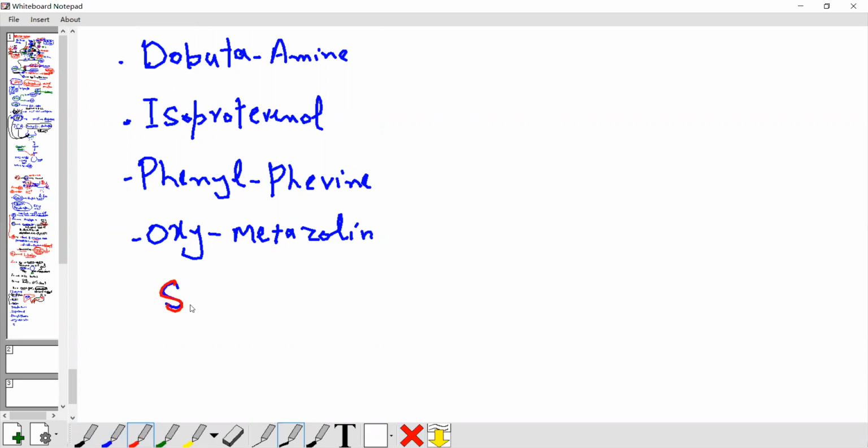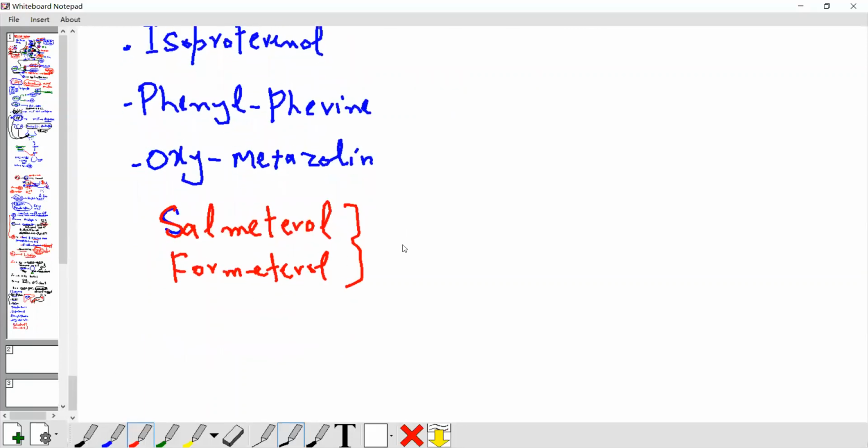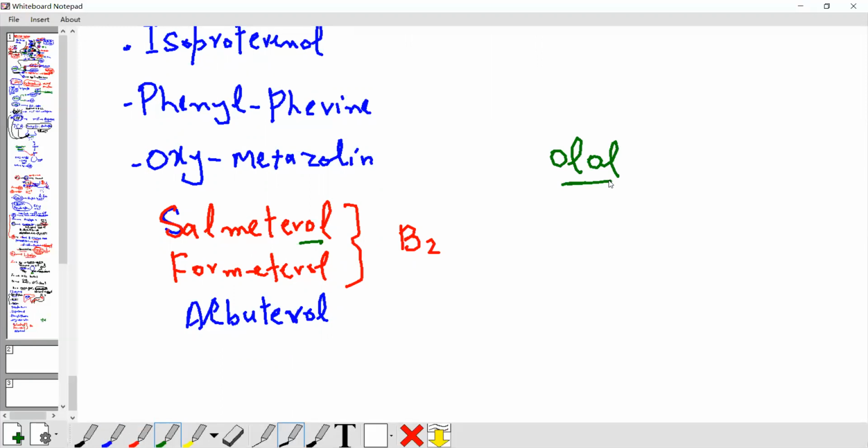salmeterol, formoterol. Very good for beta 2. Albuterol. Do not mix these drugs with the ones ending in -olol, like atenolol and metoprolol.